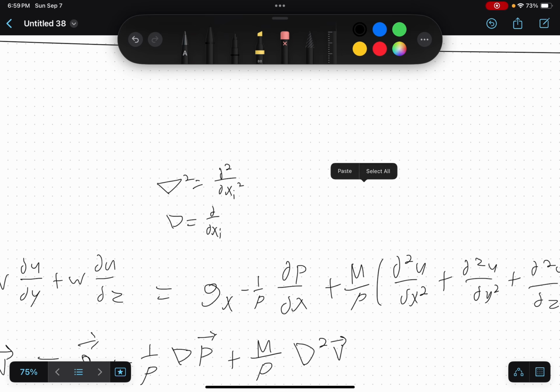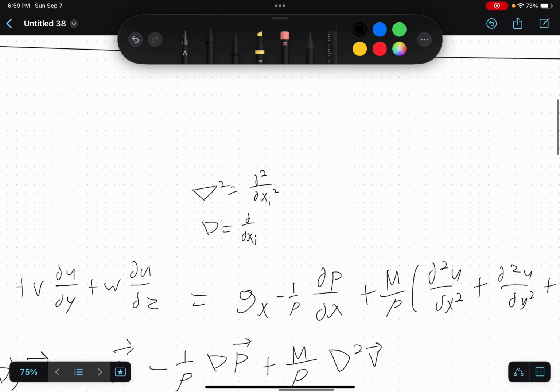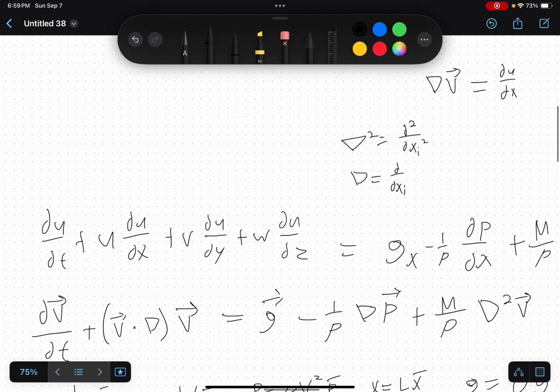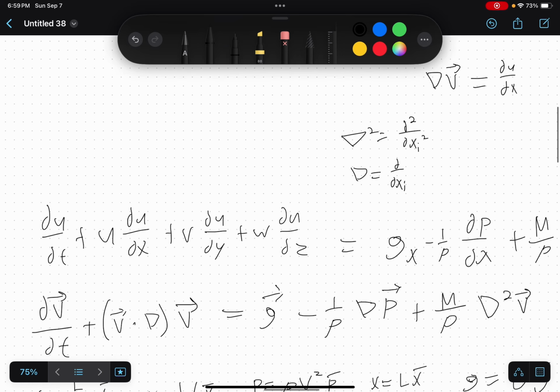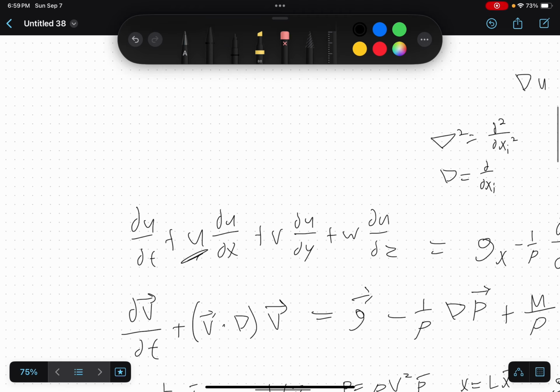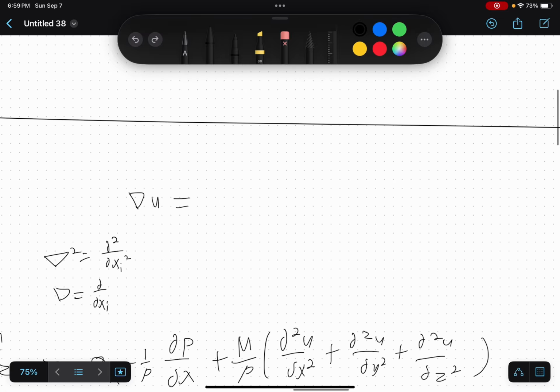Let's not do grad of a vector, that's too complicated. Let's do grad of u, where u is just one component of the v vector, the x component. It would be du dx plus du dy plus du dz.